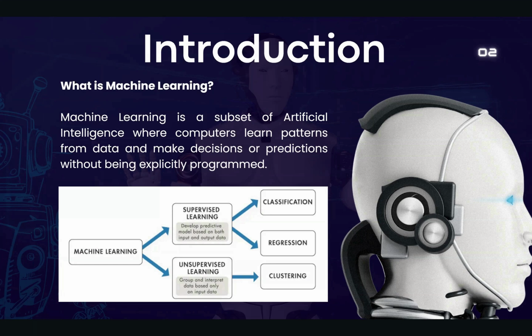In supervised learning, we have two sections, which are regression and classification. In this session, we will be focusing on supervised learning, and we will learn what regression is, what classification is, and how we can implement regression and classification in day-to-day use cases.